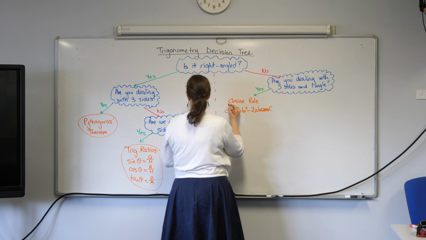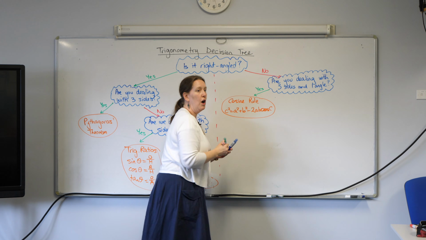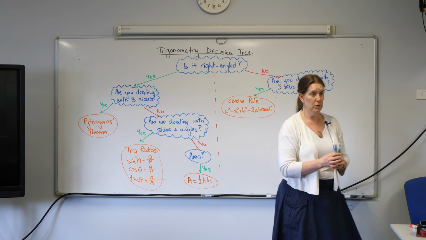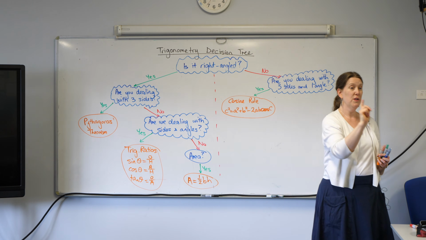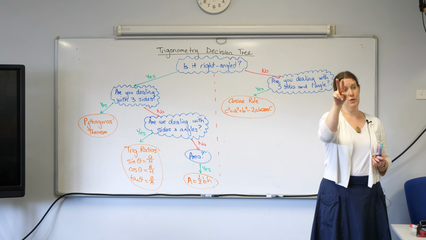Lots and lots of practice. For example, it's in the formula sheet. Would it be sine rule, if you've got 3 sides and an angle? Because when I do sine rule, I have to go side matched with an angle, side matched with an angle. So what am I dealing with there? 2 angles, 2 sides.